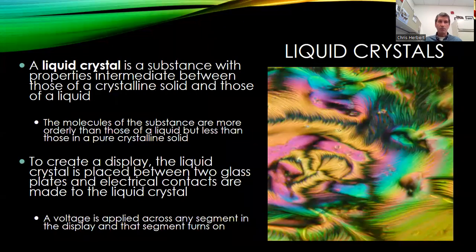Liquid crystals are a really good example of optically active material. And right now I'm in front of my iPad, I'm right in front of my laptop. Both use LCD display. LCD, liquid crystal display, okay?